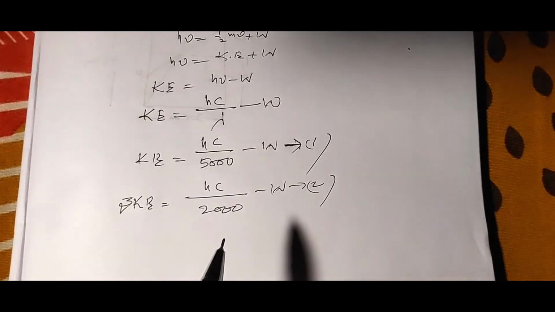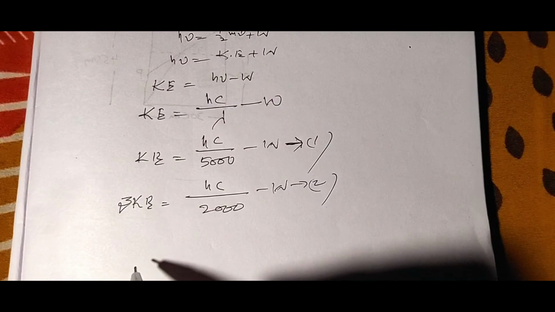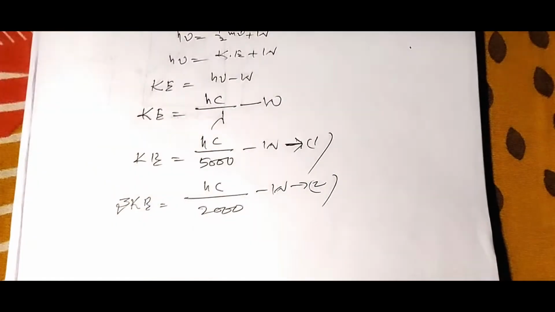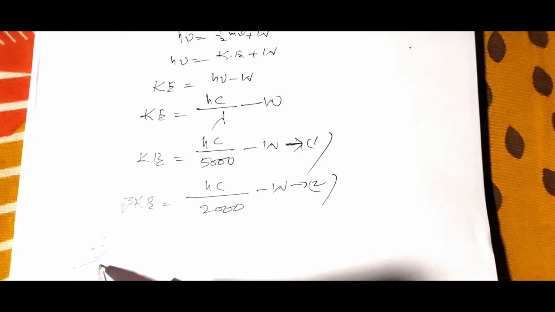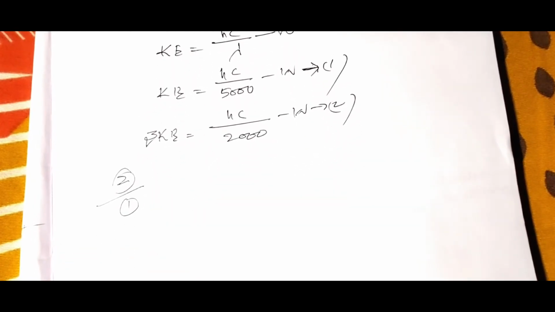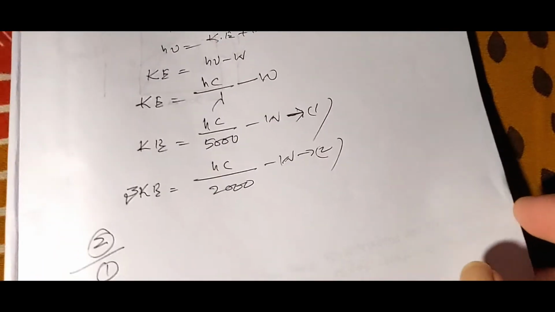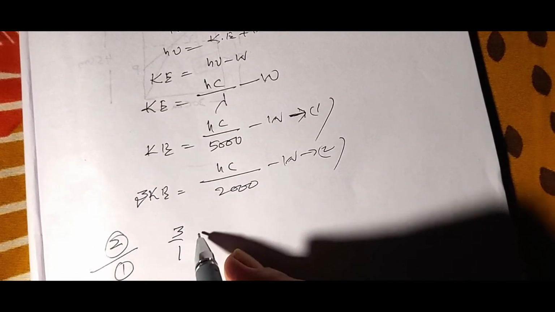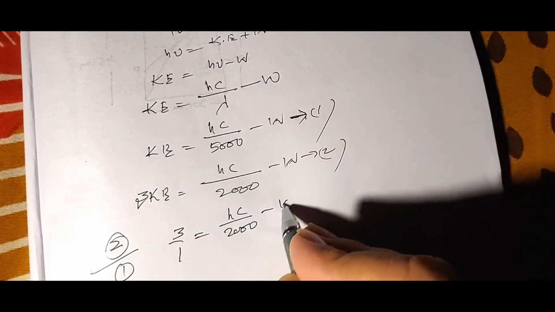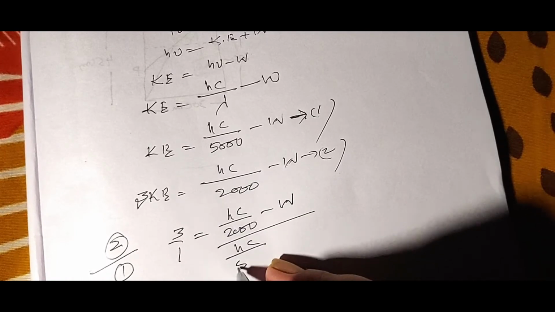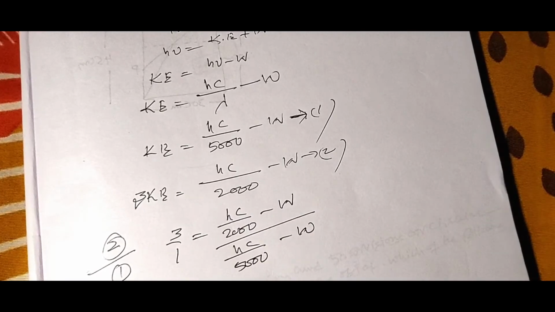Now dividing equation 2 by equation 1, we get 3 by 1 is equal to hc by 2000 minus W divided by hc by 5000 minus W.